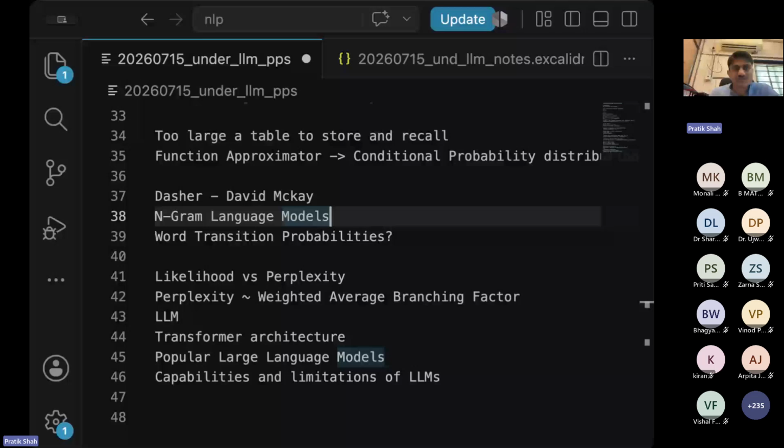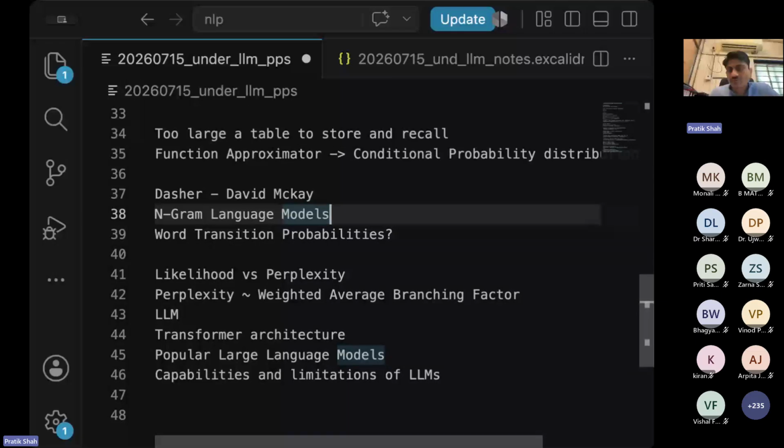So to summarize, it depends. Dasher, how do you use it? How do you provide input to Dasher? Through gyroscope, through eye tracking device, through muscle movement. So it depends on what is the input to the Dasher. Dasher is like a small interface where you can provide input through various physical sensations, correct?